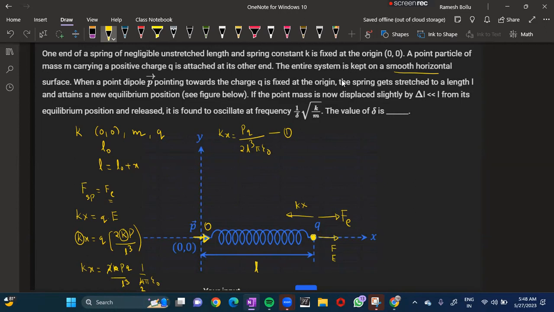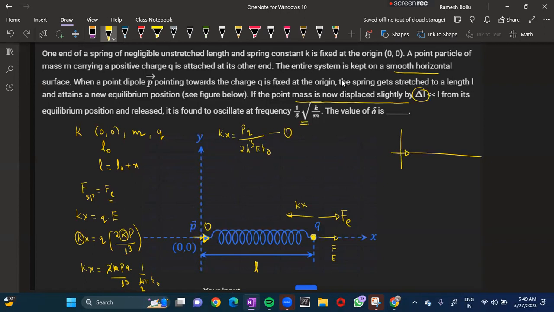Okay, now they set the oscillations, which we have to read once again. If the point mass is now displaced slightly, delta L, from its equilibrium position and released, find the frequency. Earlier, we'll redraw freshly.